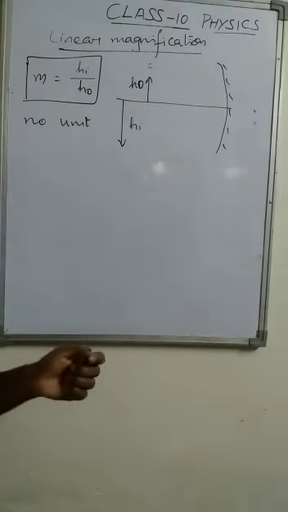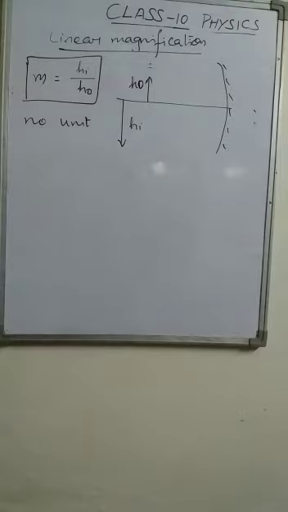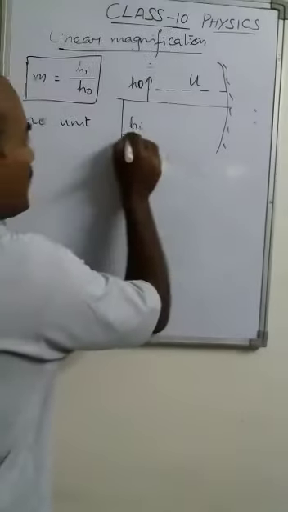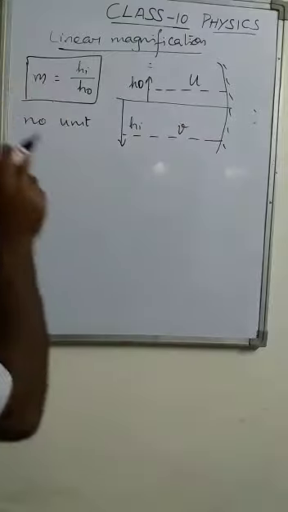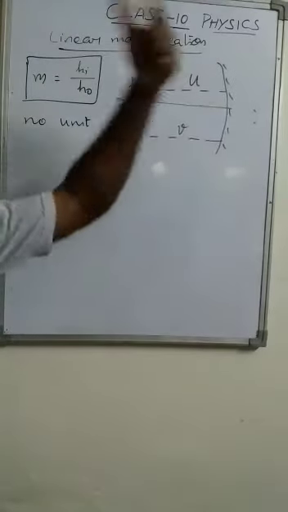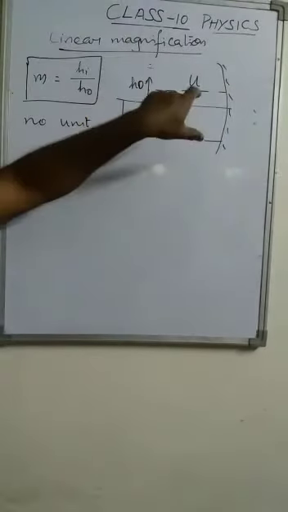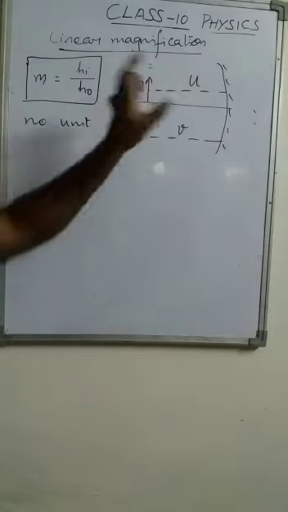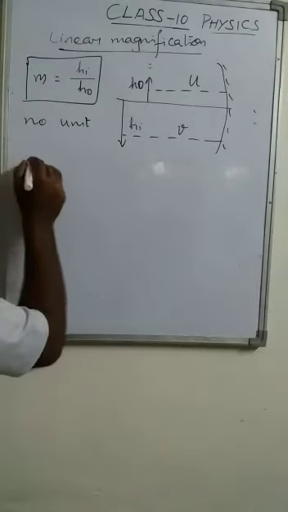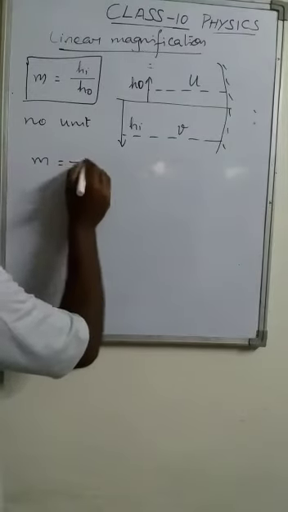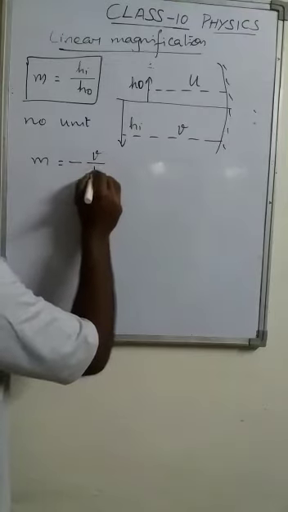This linear magnification can also be expressed in terms of object distance and image distance. The object distance is u and the image distance is v. This relation is also obtained from the ray diagram, but here we are going to use that relation directly. So magnification in terms of distance is equal to minus image distance over object distance.